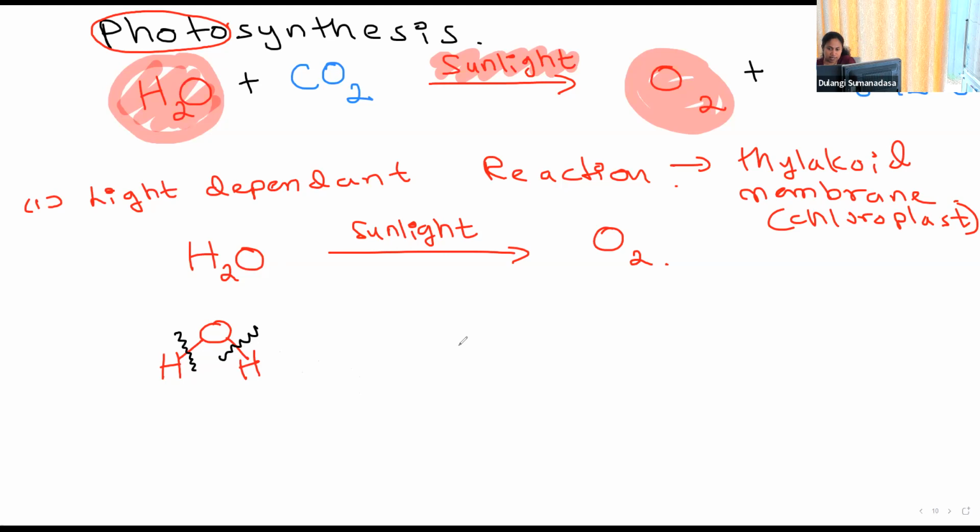After splitting, you're going to get the protons out, or energy out, because you're breaking down something. Write down the two types of energy that we're going to get. Because we are splitting something, the main energy is ATP, and you can see the high energy protons.